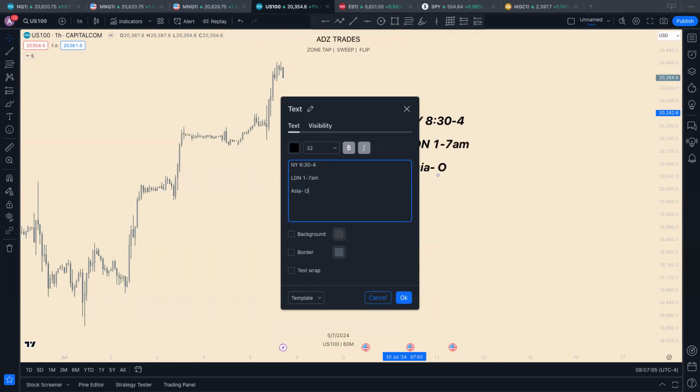And Asian is just going to be the overnight session. So when the market closes at 4 p.m. and at 5 p.m. technically it reopens at 6 p.m., it'll be between like 6 p.m. at night to like midnight. Basically overnight, if that makes sense. All New York time.